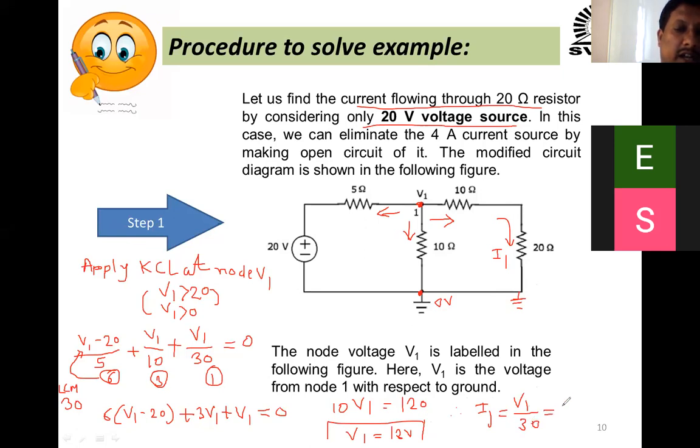So V1 is 12 divided by 30. So what is the answer here? 2 divided by 5. It is 0.4. So it is 0.4 ampere, or 400 milliampere. 400 milliampere or 0.4 ampere you can take.